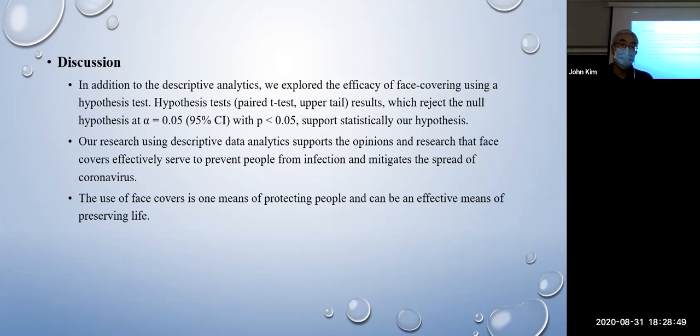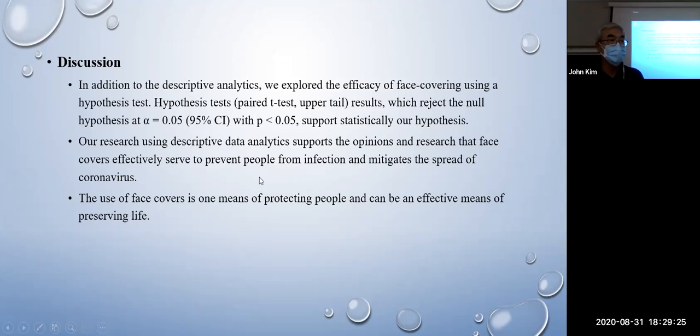So showing the visual, the graph, and then showing the descriptive analytic data, we can say face mask is effective. And in addition, we use the hypothesis test. Alpha is 0.05, and the p-value is less than 0.05.